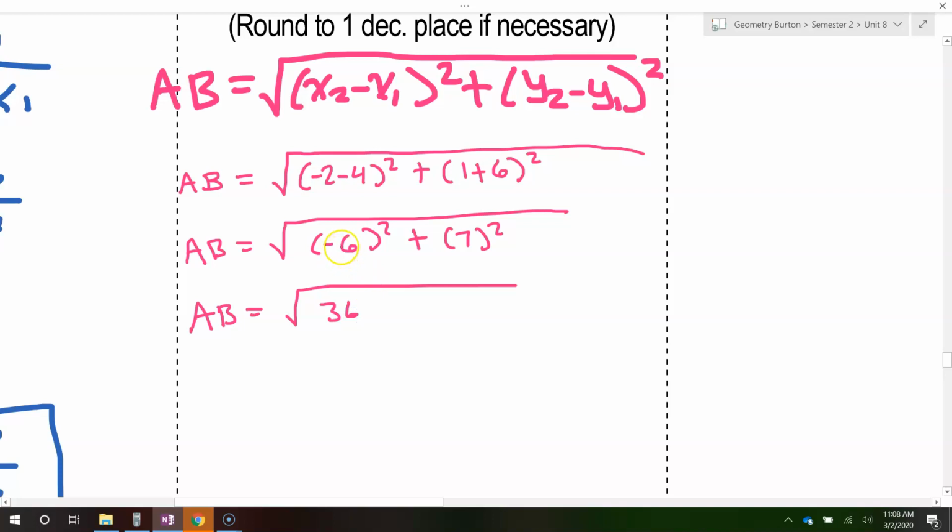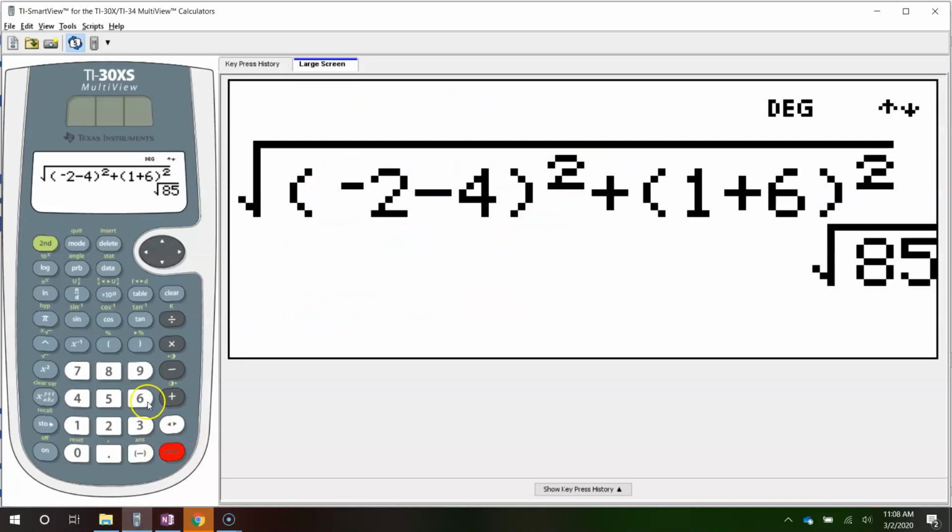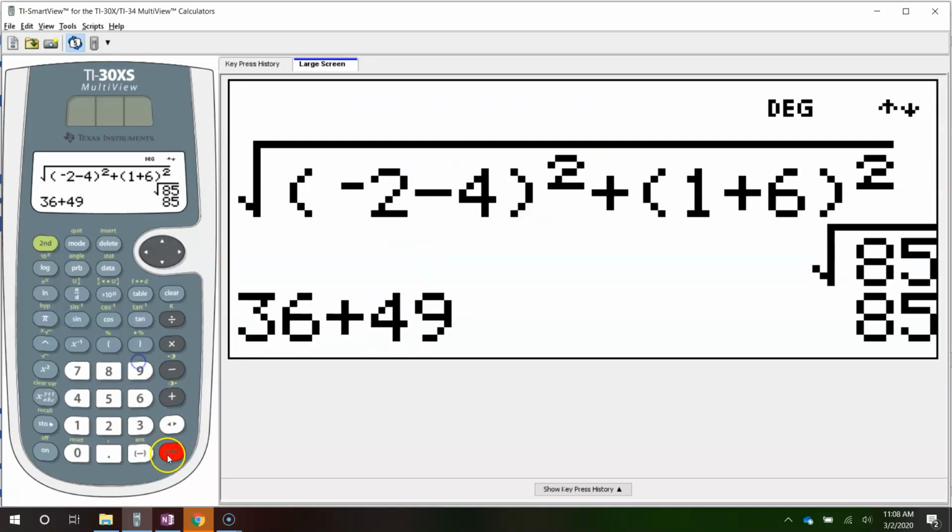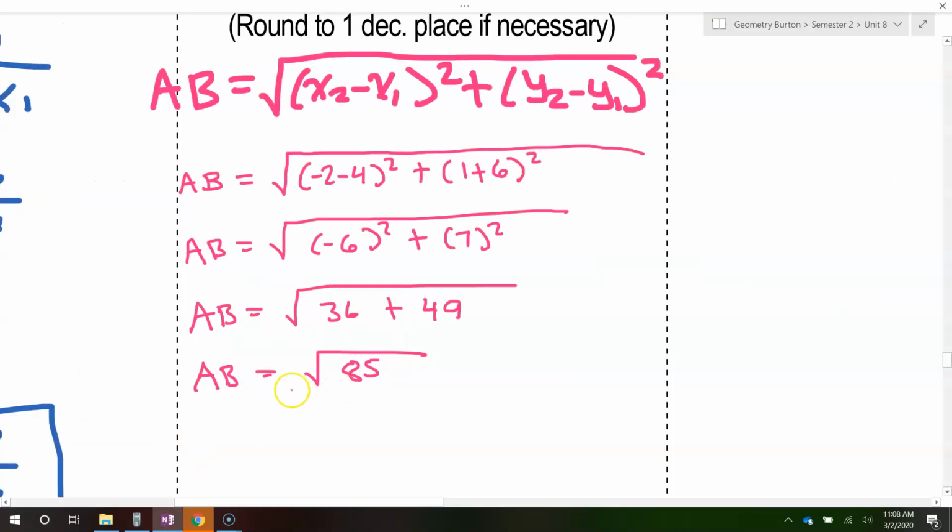Negative times a negative is a positive, so positive 36 plus 49. And sure enough, that's going to give me radical 85, because 36 plus 49 is 85. So either way, that is the length of AB.